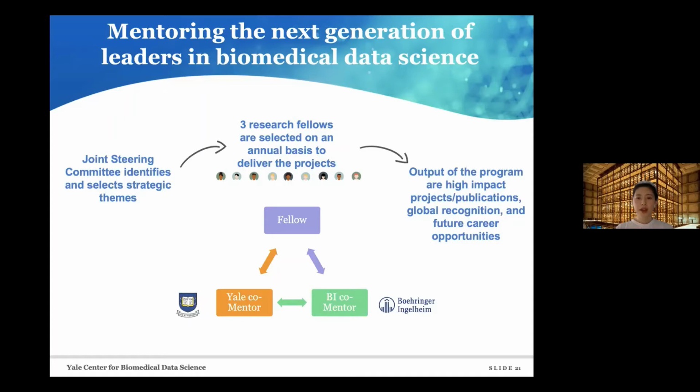The idea is to have one mentor for each fellow from Yale and Boehringer Ingelheim. The fellow will be the driver to decide what research topics to work on, and we'll try to match the best mentors for them. There will be a joint steering selection committee to go through their research proposals, CVs, and backgrounds, to select them and match them to the right track.